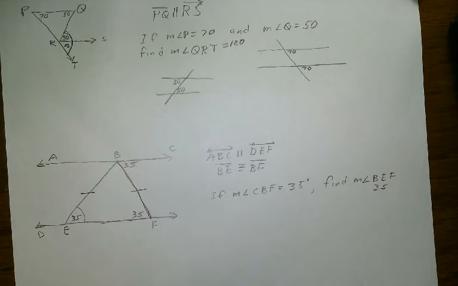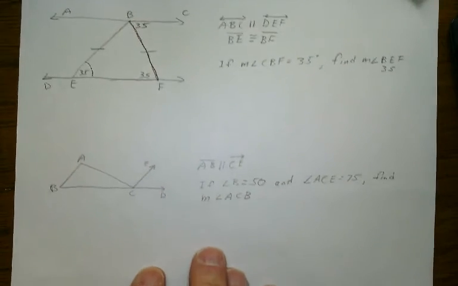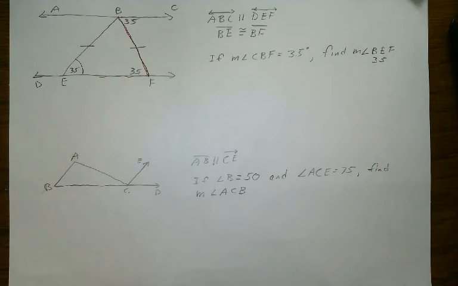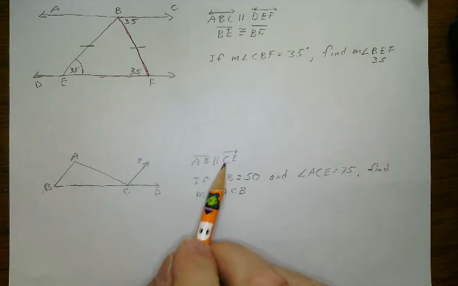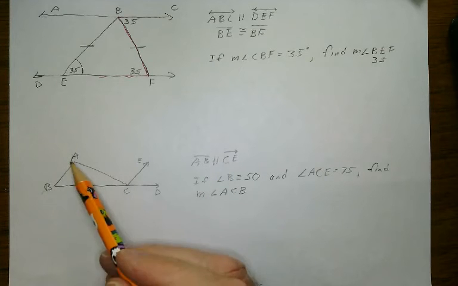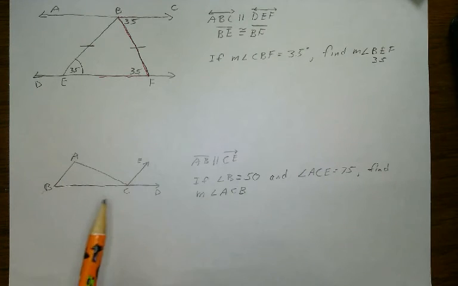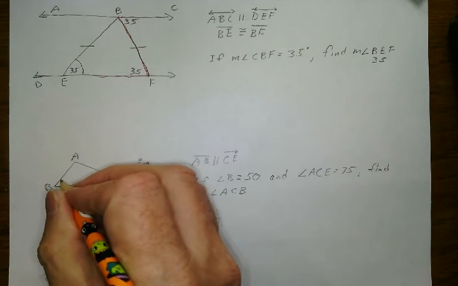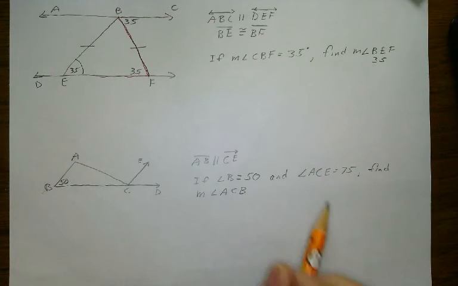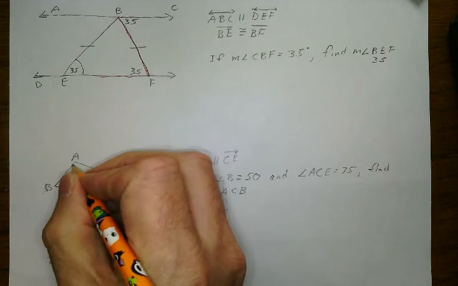Okay? Let's try one more. Down here, we have AB parallel to CE. So this and this are parallel. Angle B is 50. Angle ACE is 75.